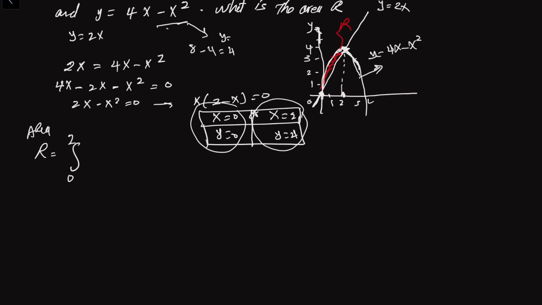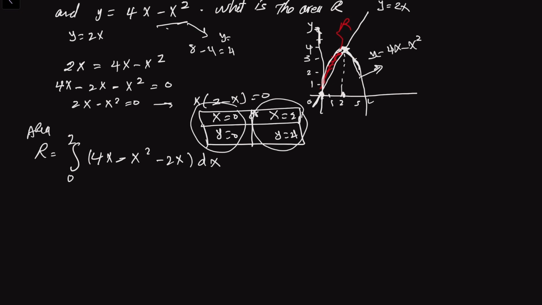So the area from 0 to 2, that's my interval here, and then we subtract both functions. It will be the top function, which is 4x minus x squared, minus 2x, dx.